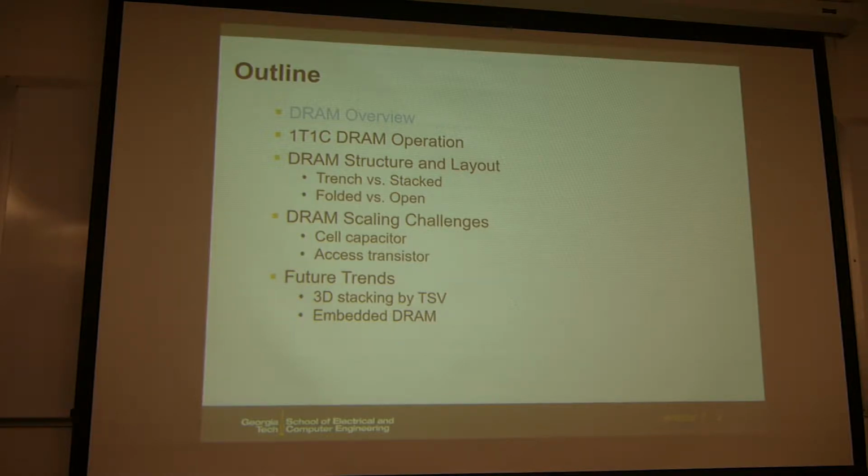We're going to discuss different DRAM technologies, like the trench capacitor based or the stacked capacitor based. And after that, we will talk about two kinds of DRAM array architecture. One is called the folded architecture, the other one is open bitline architecture. And after that is DRAM scaling challenges.